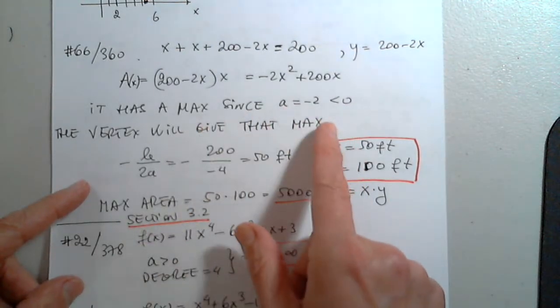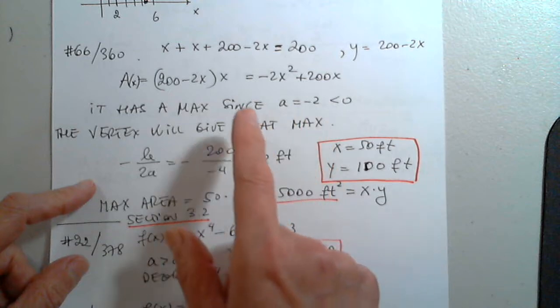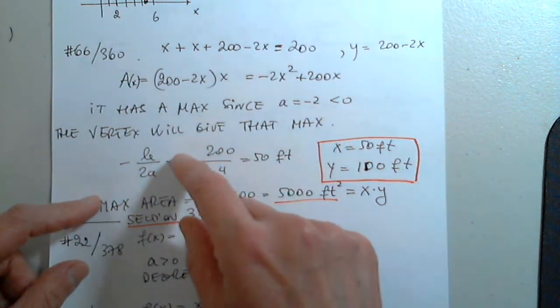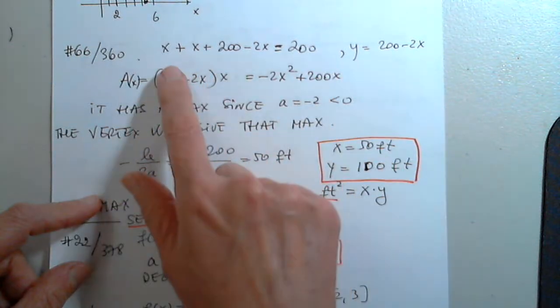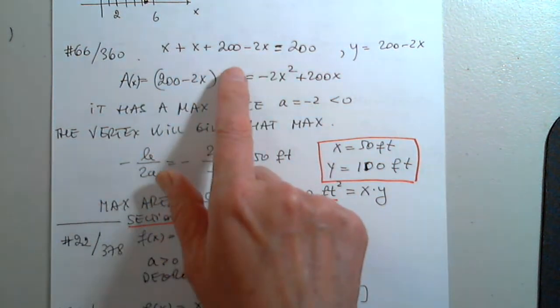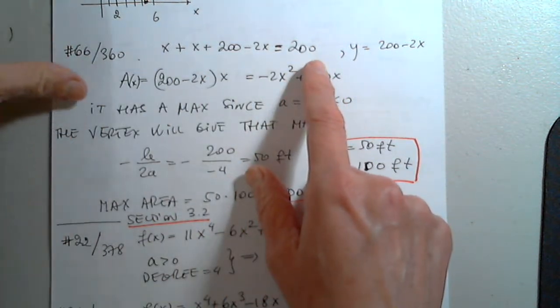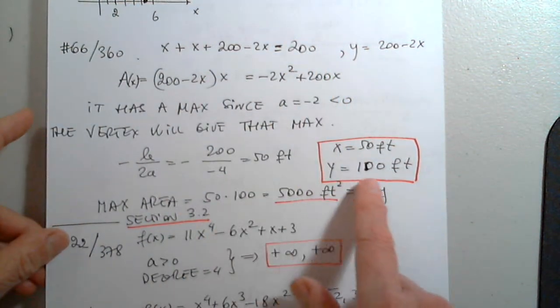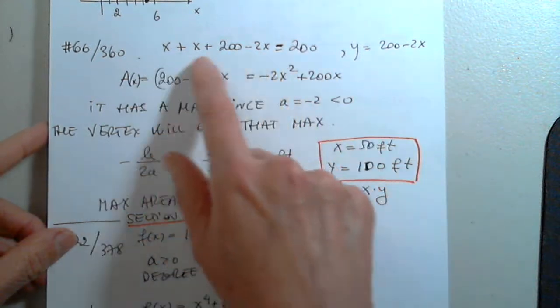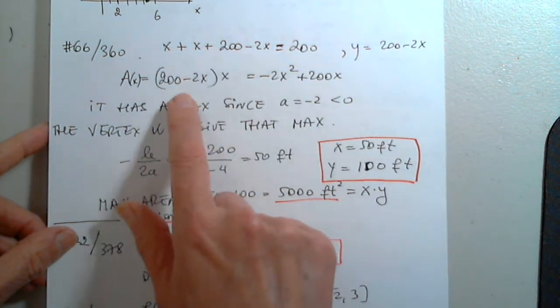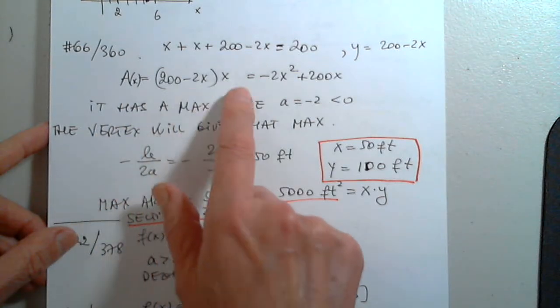Here we were given the fence, the perimeter, which was 200, I think it was in feet, yes. So from here we solve for y, which is 200 minus 2x, and the area is x times y.